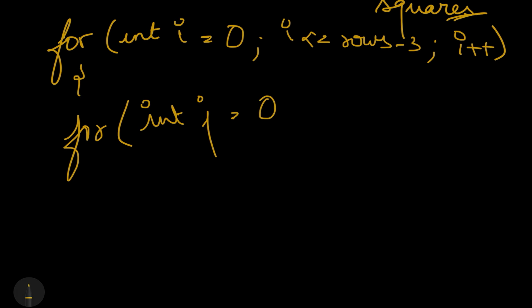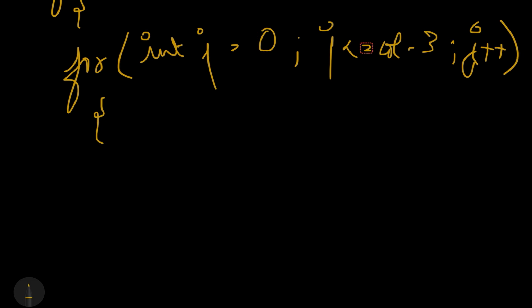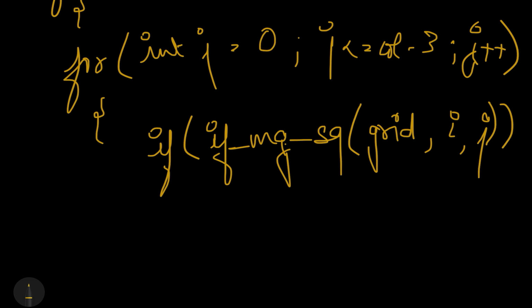So our inner loop will go from 0 to columns minus 3. We are just iterating through each start index to find whether it is a magic square or not. So we'll use another function, isMagicSquare. We'll send our grid, and we'll send our i and j positions.